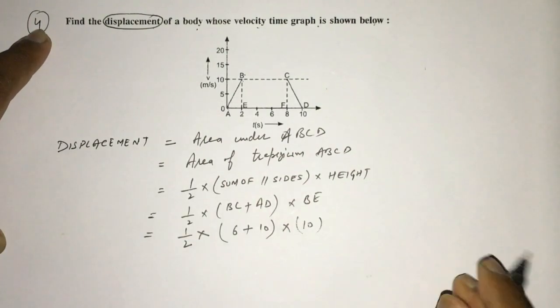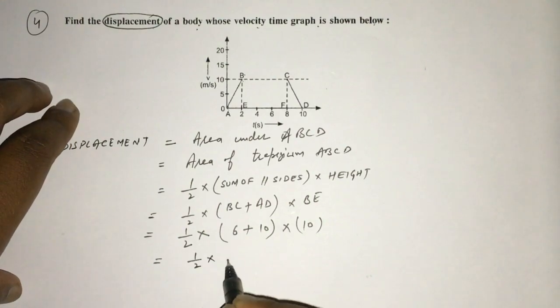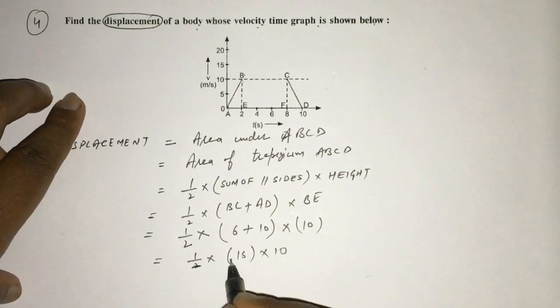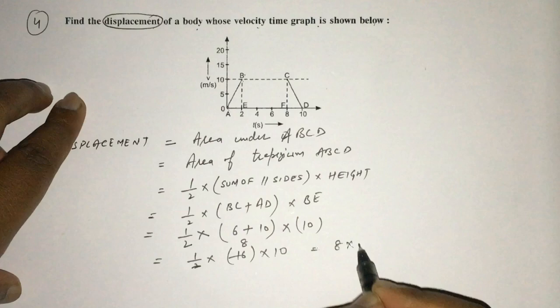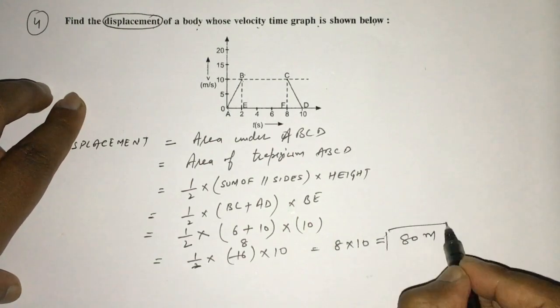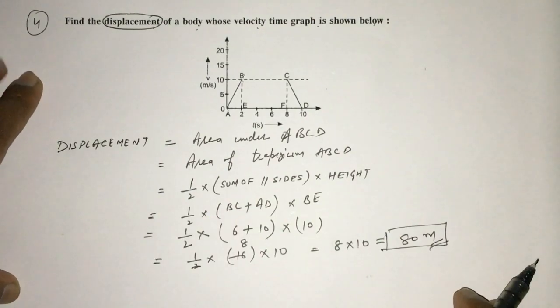So it becomes 10. Clear? Now solving this, we have 1 by 2 into 16 into 10, or you can say 8 into 10, which is equal to 80 meters, because the SI unit of displacement is meter.